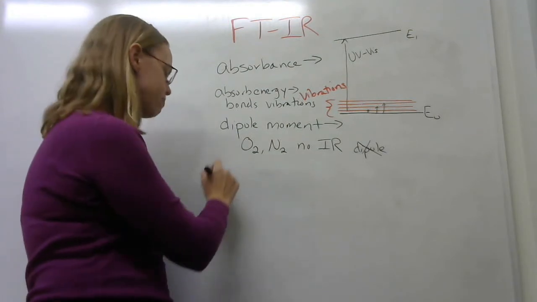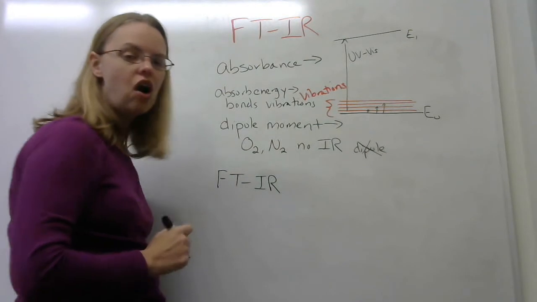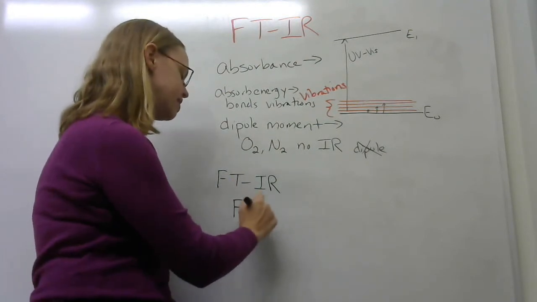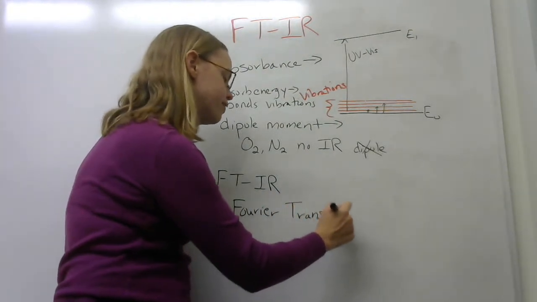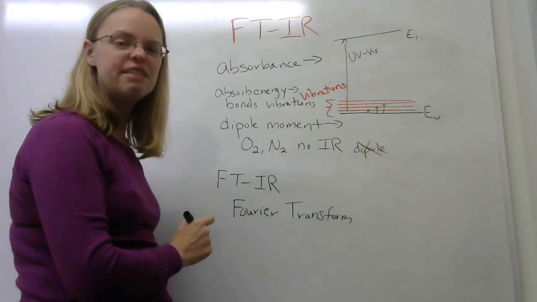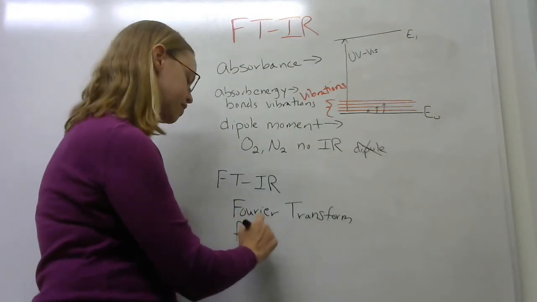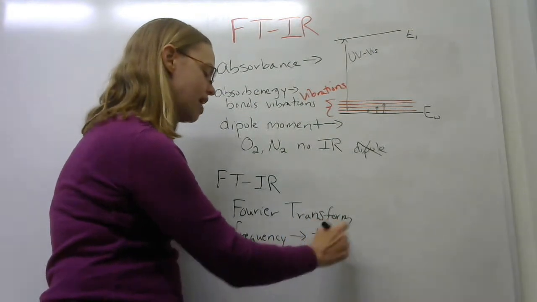We're going to be doing a special type of IR. Almost all of the instruments now are FTIR, where again FT stands for Fourier Transform. And this is just a fancy mathematical concept that allows you to go back and forth between the frequency domain and the time domain.